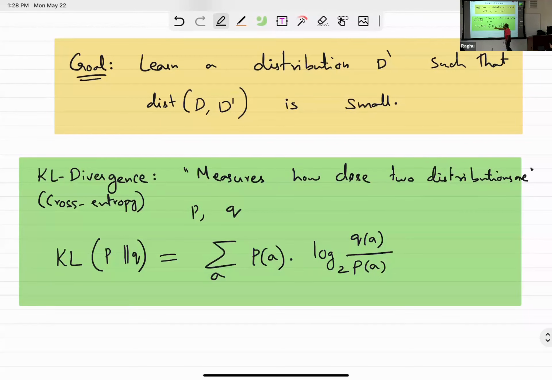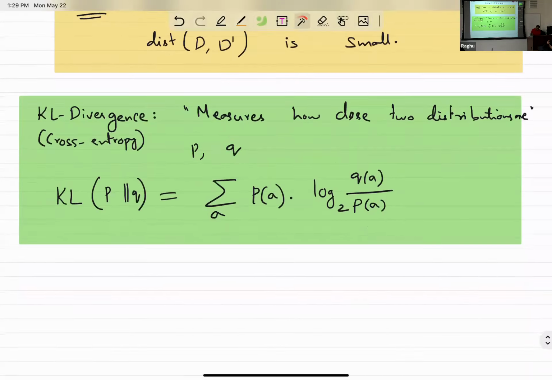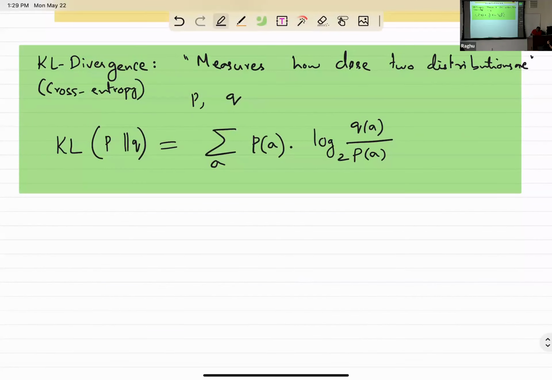So it's P of A times log of Q over P. I'm looking at the ratio between the two probabilities, but I'm taking the log and expectation with respect to P. Kind of a weird looking formula. Why is this so natural, or why should you study it? That's a long story. This was introduced basically by Shannon in the context of information theory, but it's a very important notion.